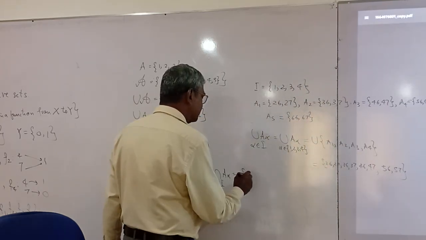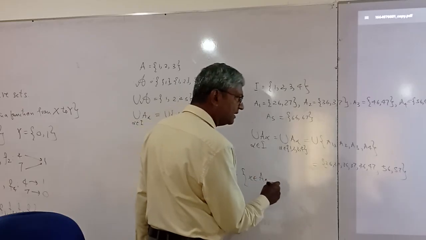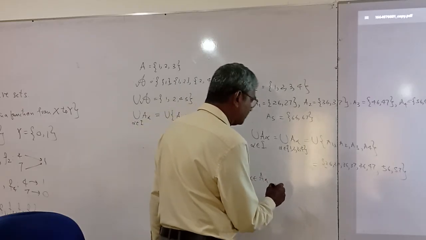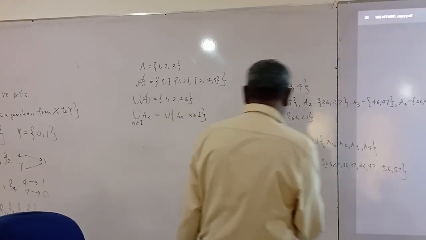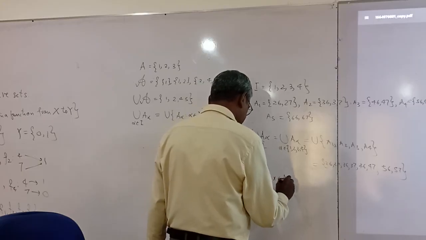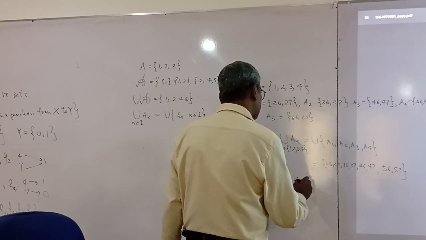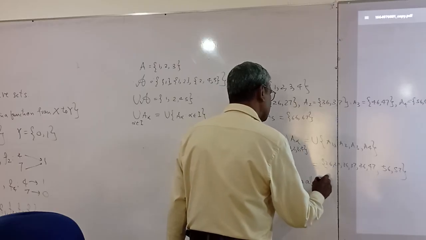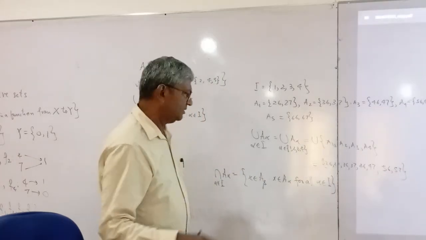Then he says, this is the set of all x belongs to A beta, sorry, I didn't write the beta in, such that x belongs to A alpha for all alpha belongs to I. You understand what I'm doing, no?